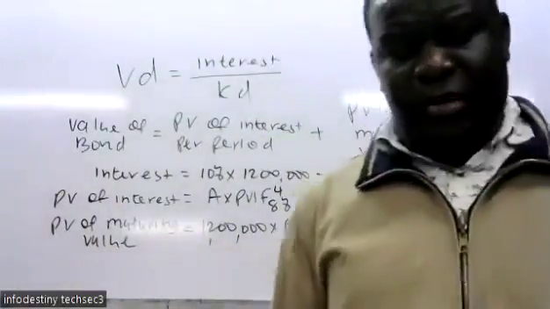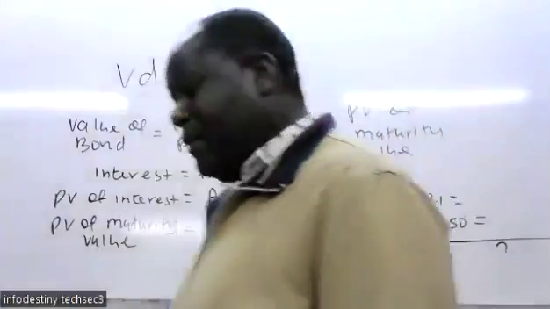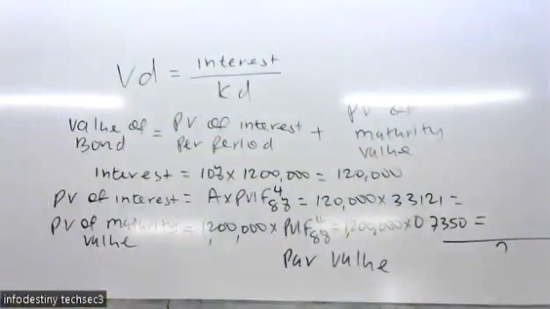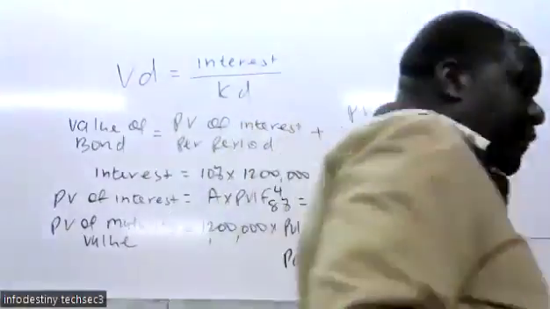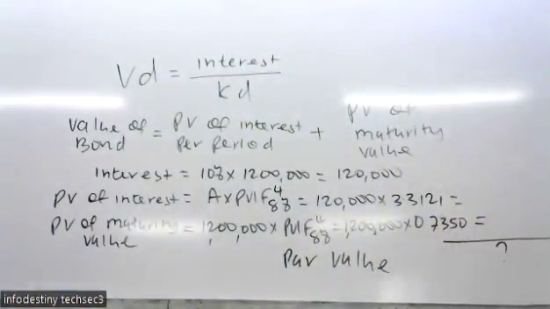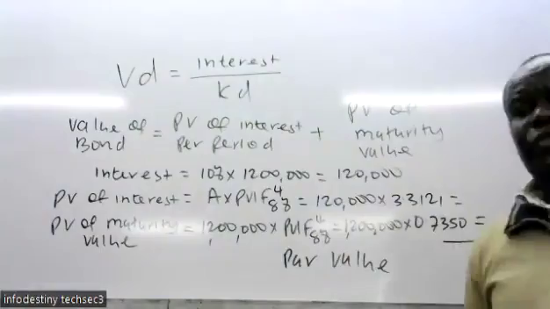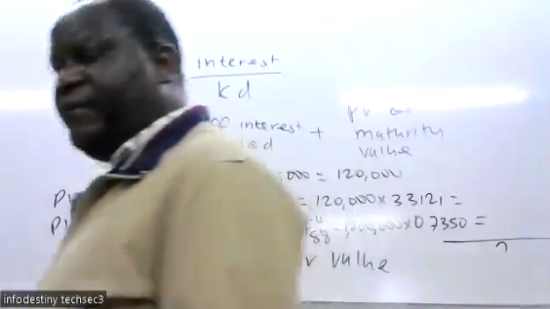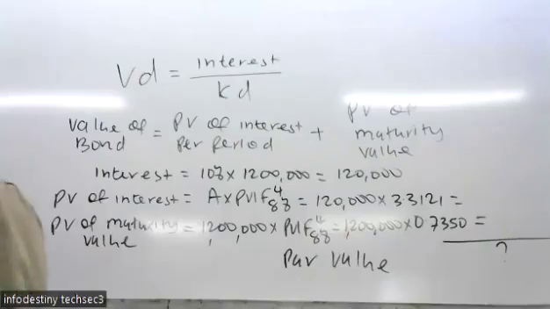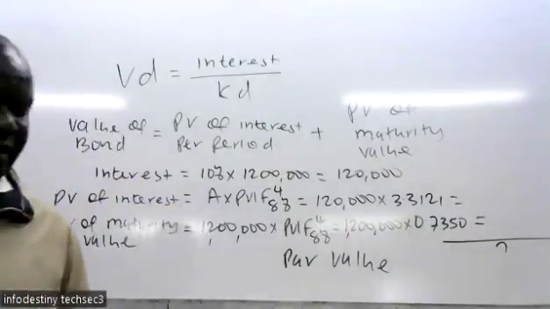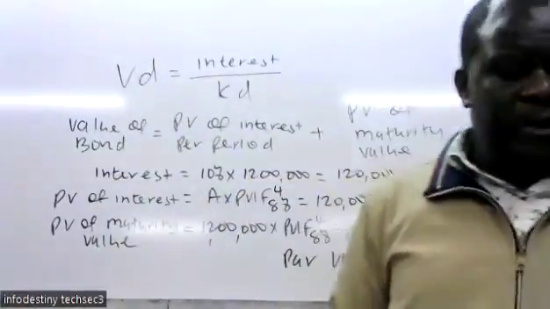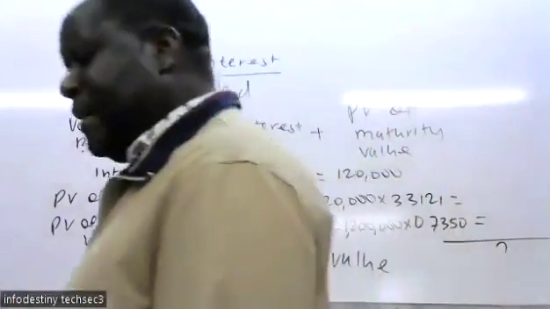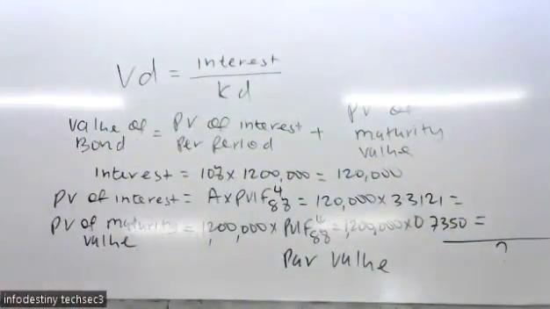So let us now go to that question 2, part C for May 2015. The question reads that LEM Limited is currently issuing 9% bonds redeemable at 100 par value in 5 years' time.